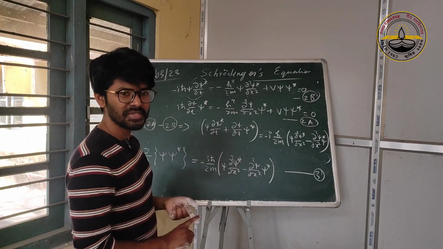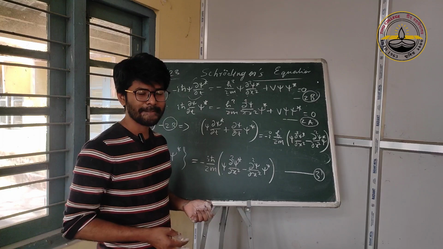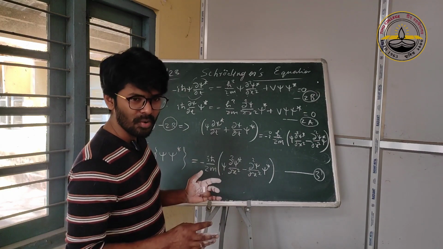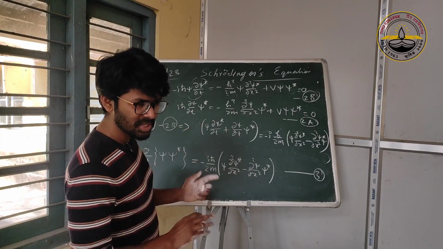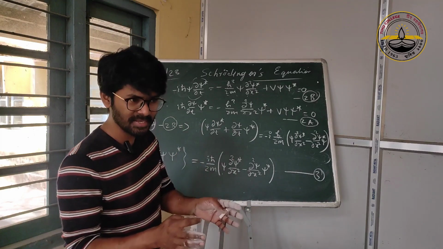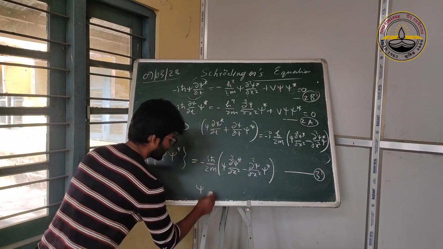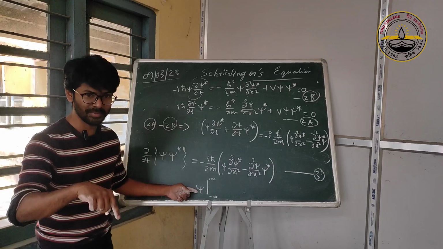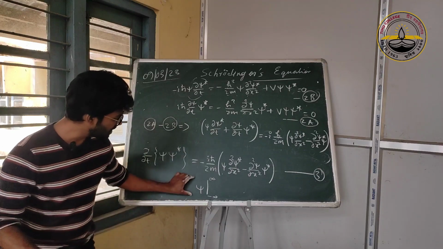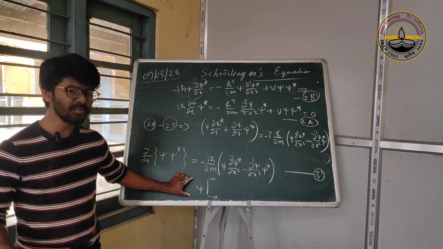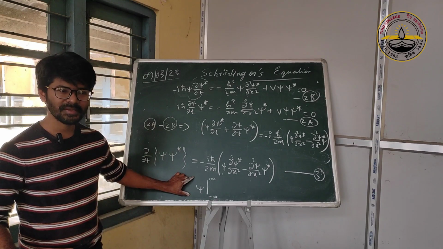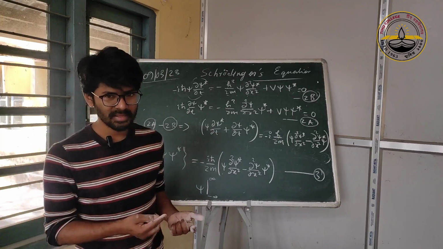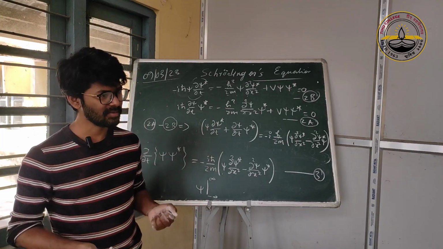The other strategy is that if we can get ψ or ψ* somehow integrating out as a result, like something like this, minus infinity to plus infinity, since the integration is over minus infinity to plus infinity, then we can put this equal to 0. Because remember the condition, that wave function ψ goes to 0 at plus minus infinity.